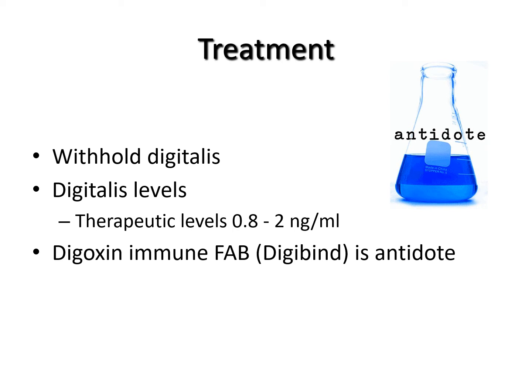The antidote for dig toxicity is called Digibind. This medication will bind to the digoxin and form a complex that is excreted from the body. So all is not lost if they do develop this toxic dig level, and if they are at risk of developing arrhythmias, then you would administer the antidote per the physician's order.